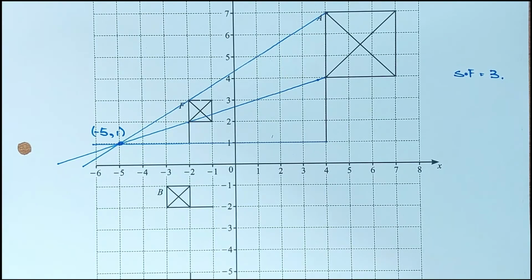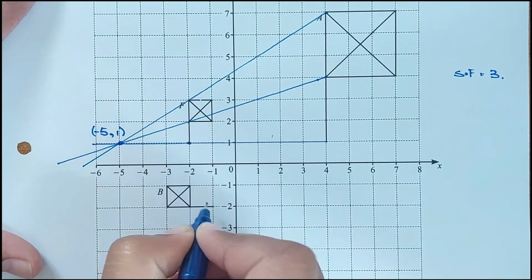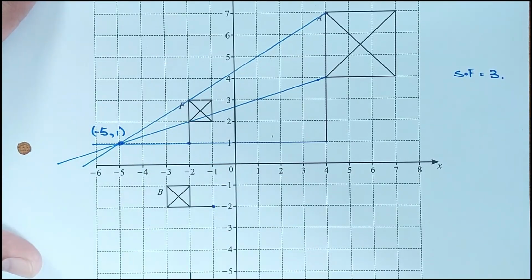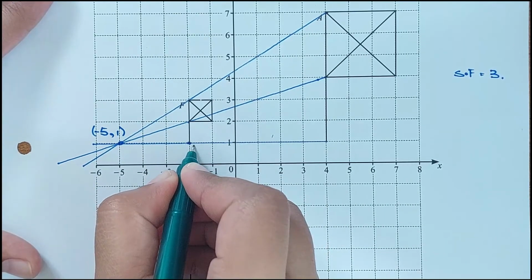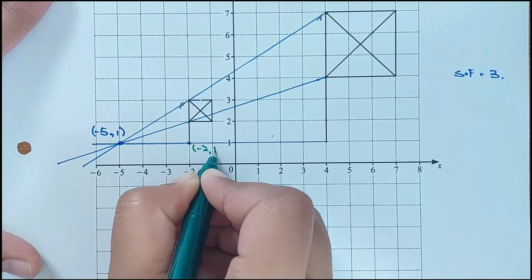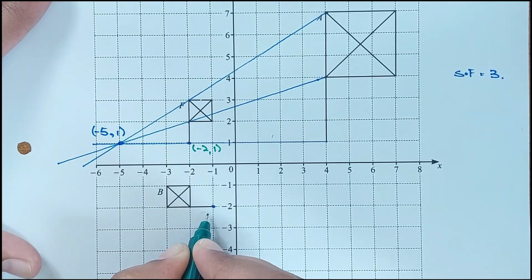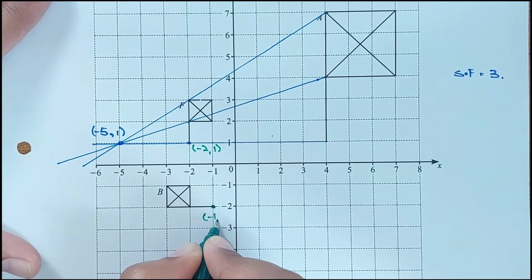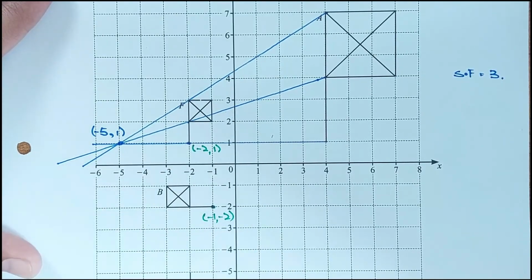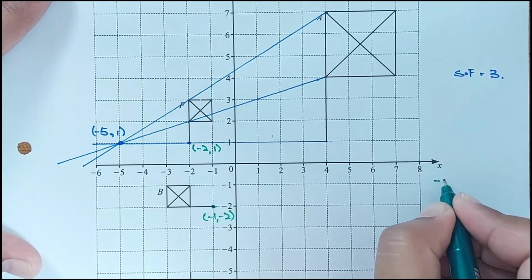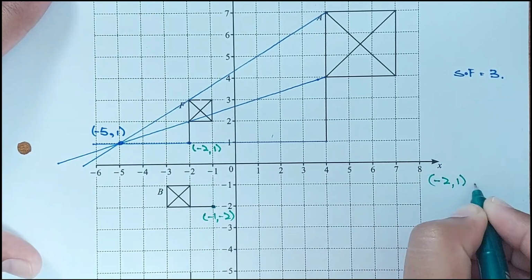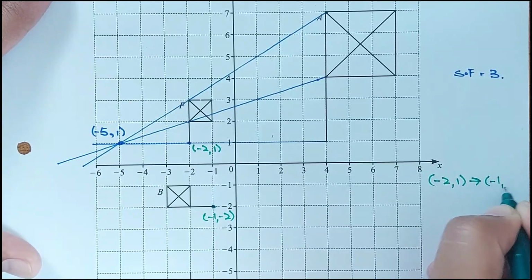Okay, it looked like a rotation. Let me check the coordinates, this point and comparing with this point, right? So the coordinates over here are -2 and 1, and this coordinate is -1, -2, right? Okay, so it means -2 and 1 changes to -1, -2.